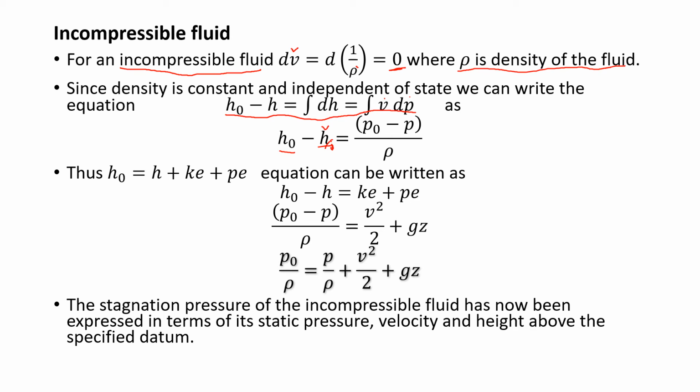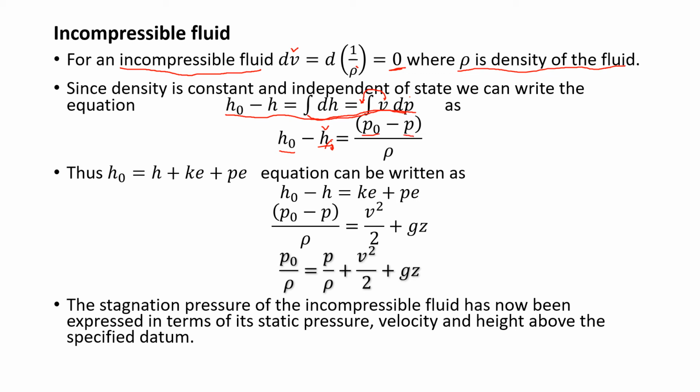Now coming down to the equation, V is the specific volume, the inverse of density. For an incompressible fluid V is constant, so V will come out of the integration, that is 1 by rho. Then what remains is the integration of dP, which is nothing but P naught minus Pi, integrating from static to stagnation state.